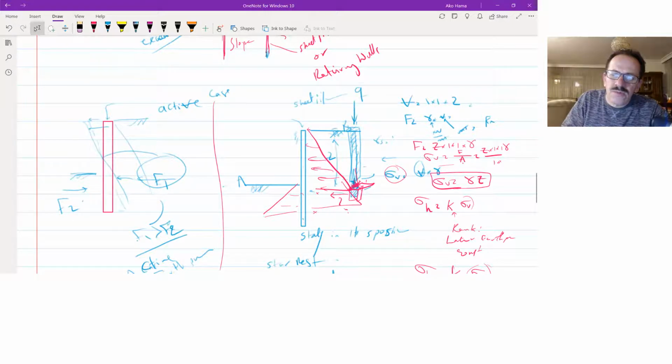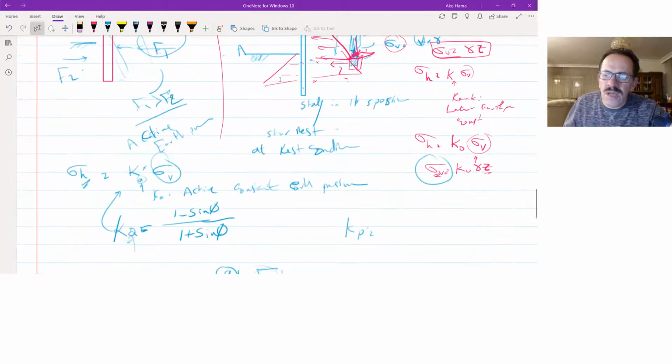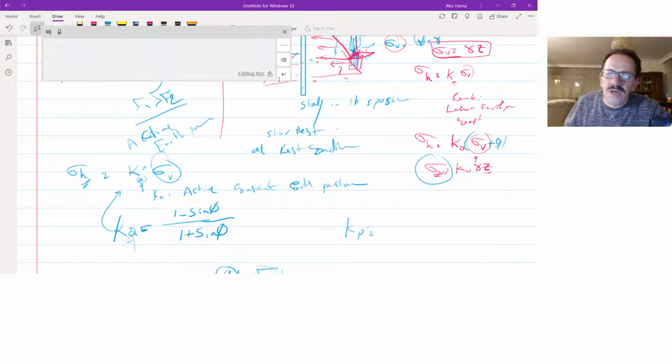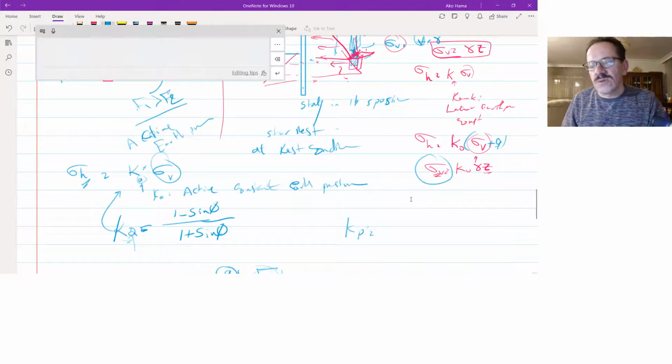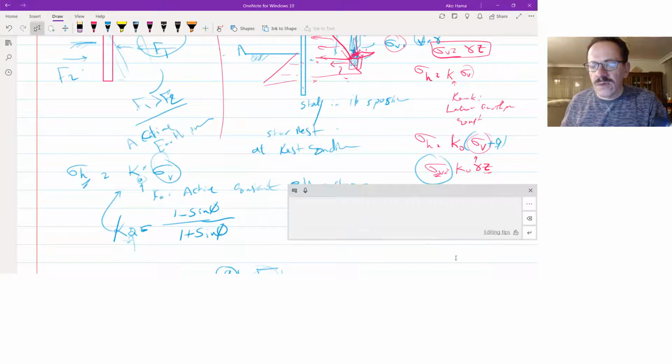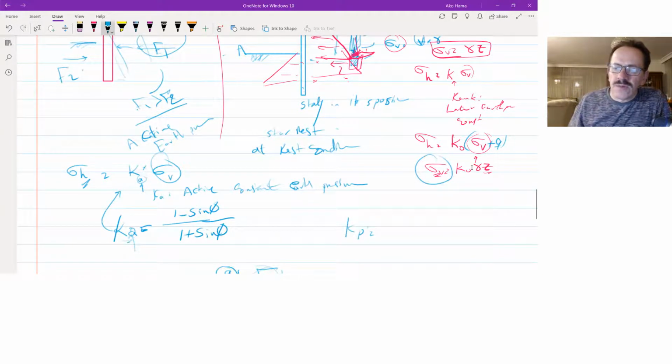In addition to that, if I have Q, we just add Q to this sigma V, and the sigma horizontal will be K times (sigma V plus Q).